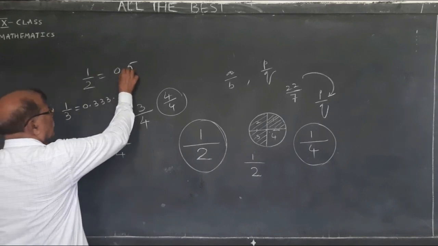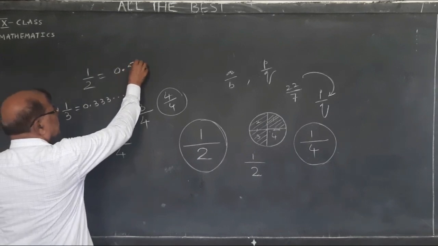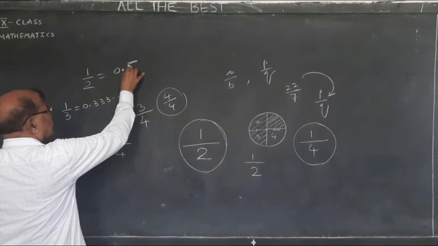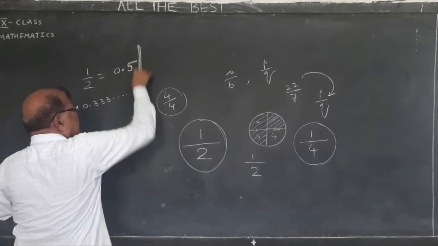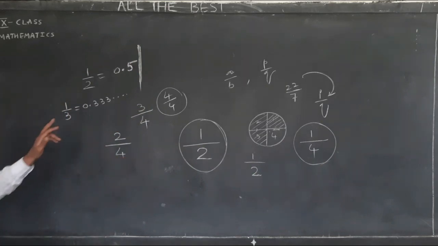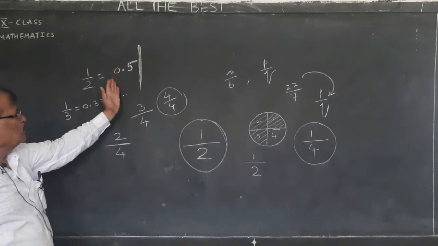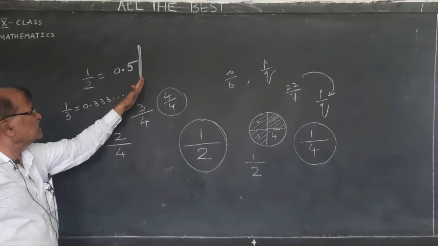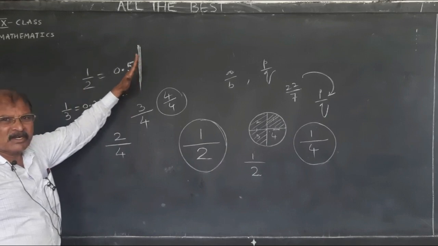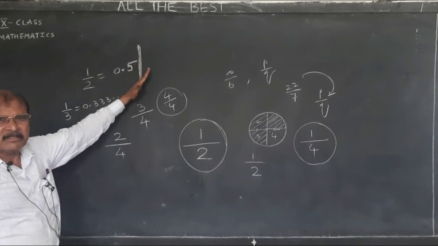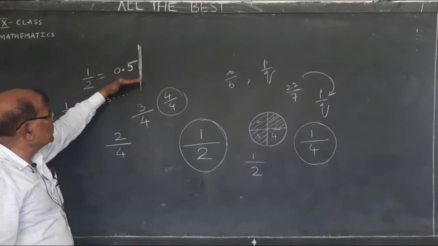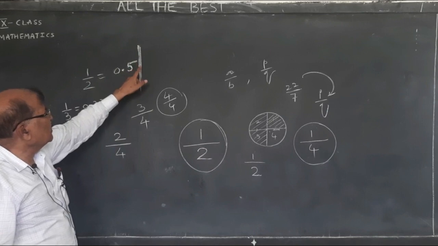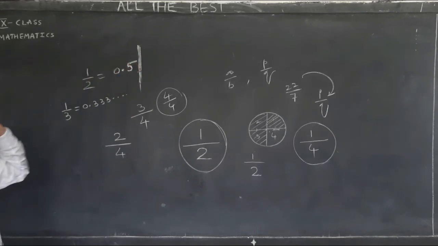When there are no further digits after this 5, it is closed. It is terminated. Here the decimal cannot get another decimal, it is closed. This is called terminating decimal.